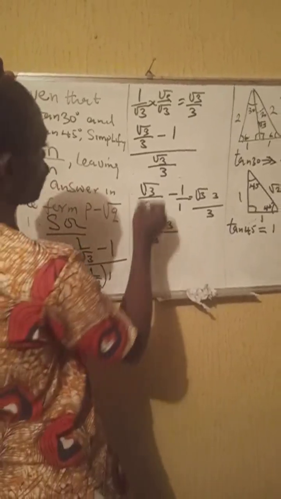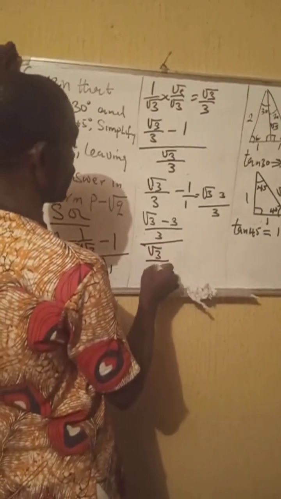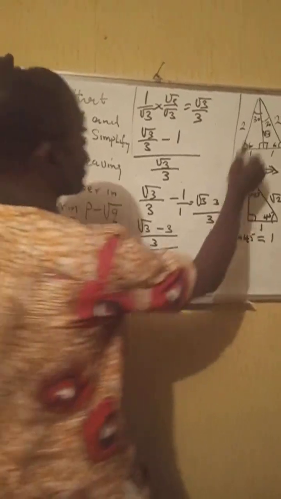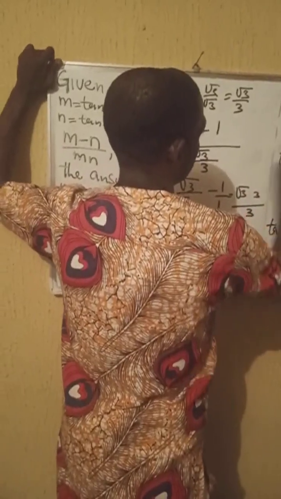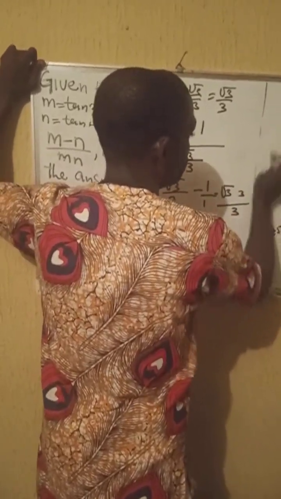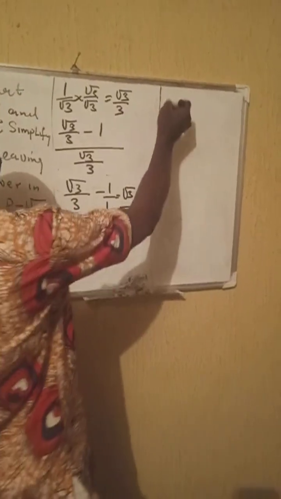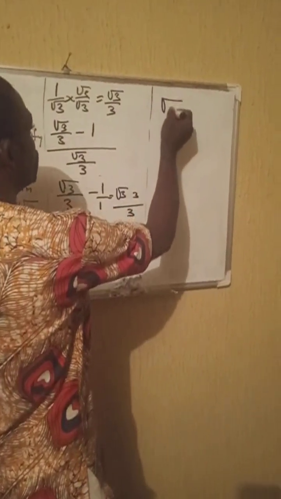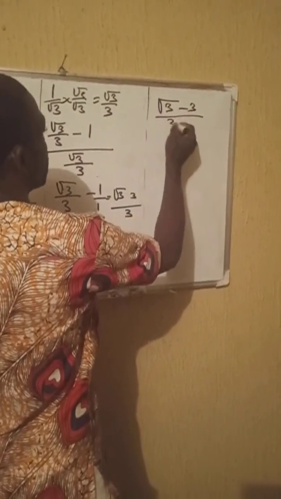Then the denominator, as we have seen, is root 3 over 3. So we will now have fraction over fraction. And from the basics, we know that when we have fraction upon fraction, we resolve in this way: root 3 minus 3 divided by 3.